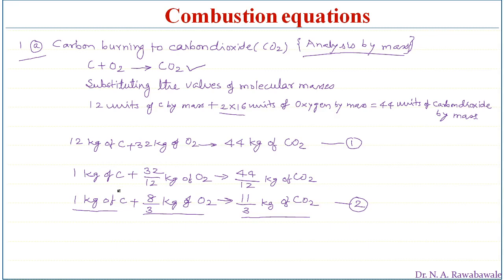If we burn 1 kg of carbon, it requires 32 divided by 12 kg of oxygen and produces 44 divided by 12 kg of carbon dioxide. Or sometimes we write it as 1 kg of carbon requires 8 by 3 kg of oxygen and produces 11 by 3 kg of carbon dioxide. One and the same. We call this equation number 2 and this equation number 2a.